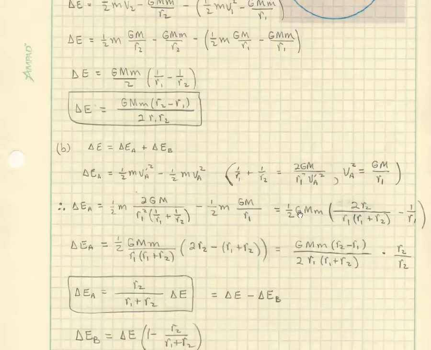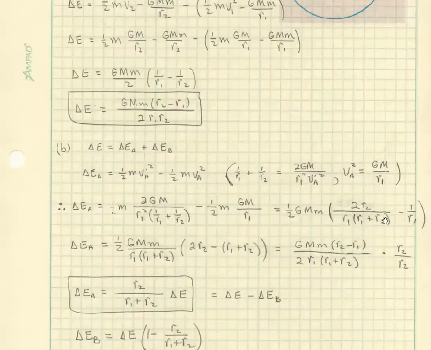Well, this simplifies down. You see you've got a 1/2 GMm in each term, so I'm going to factor that out, and 1/2 GMm leaves you with a 2. And we get a common denominator right here again: 1 over r1 plus 1 over r2 can be written as r2 plus r1 over r1 r2.